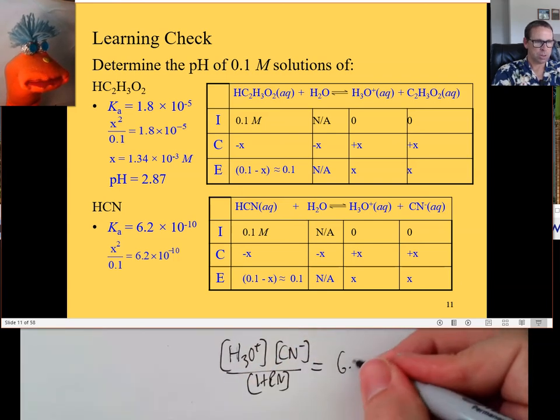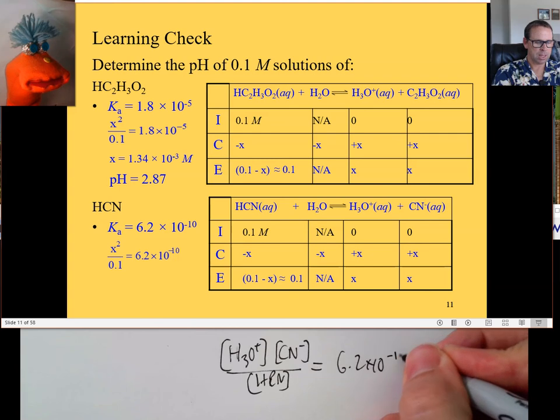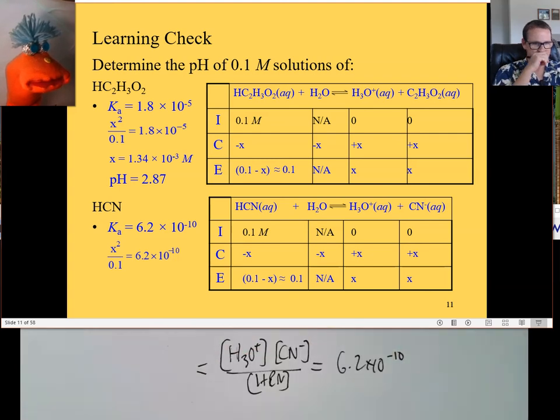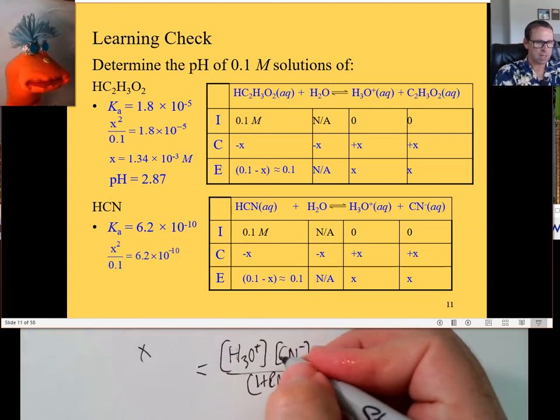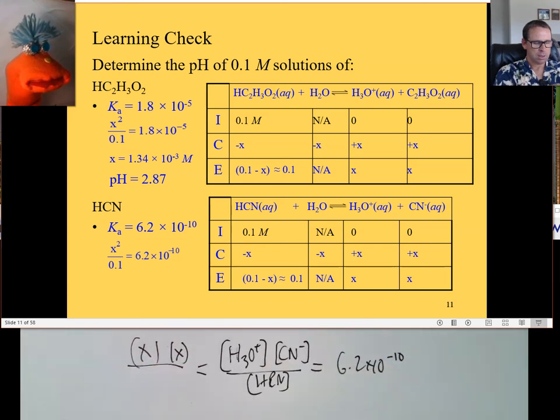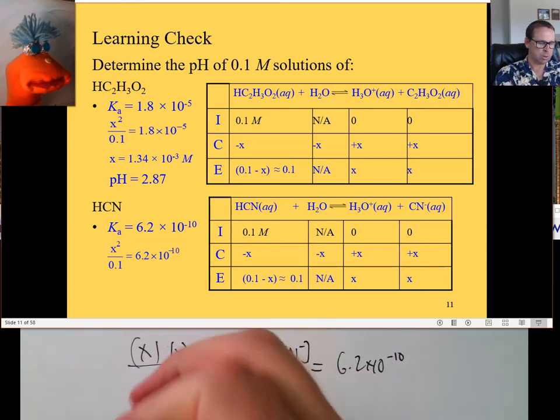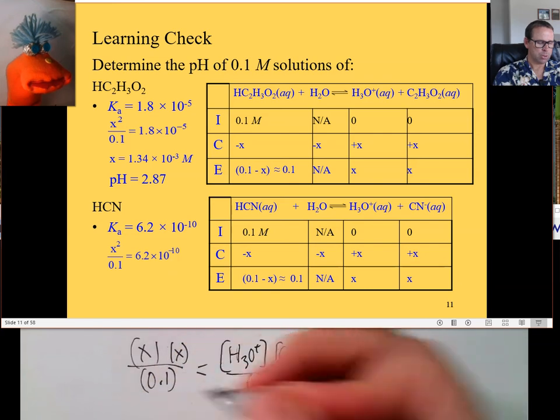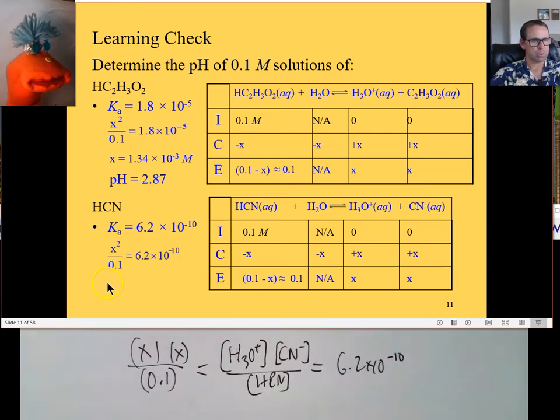That equals 6.2 times 10 to the minus 10. The hydrogen ion concentration we decided was X. The cyanide ion concentration at equilibrium we decided is going to be represented by X. The HCN concentration at equilibrium we simplified to 0.1. So that's where we get this X squared over 0.1 equaling 6.2 times 10 to the minus 10. And solving for X, taking the negative log, that will give us our pH.